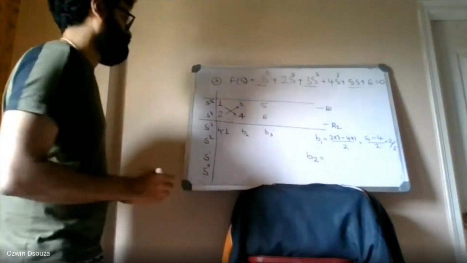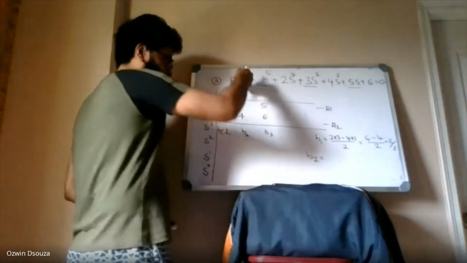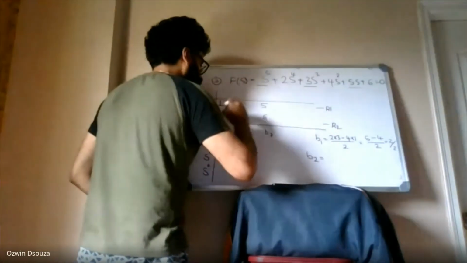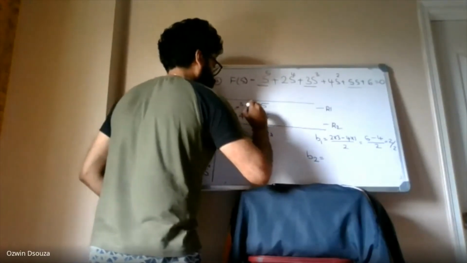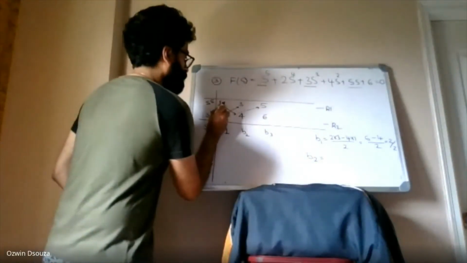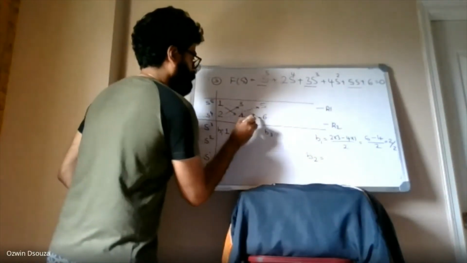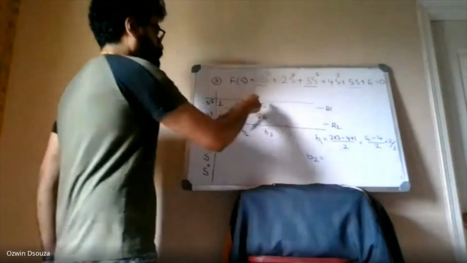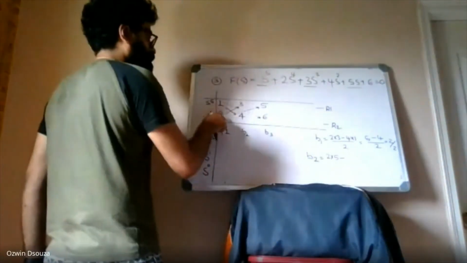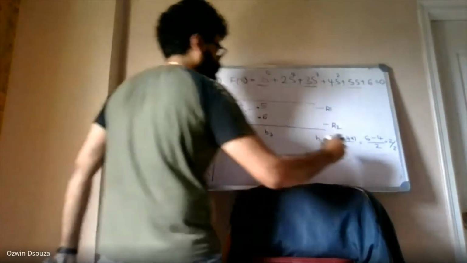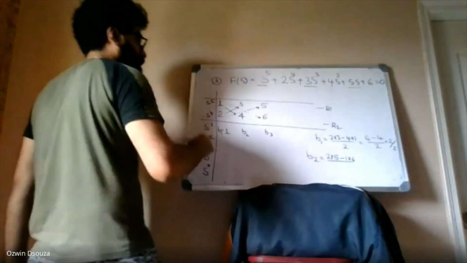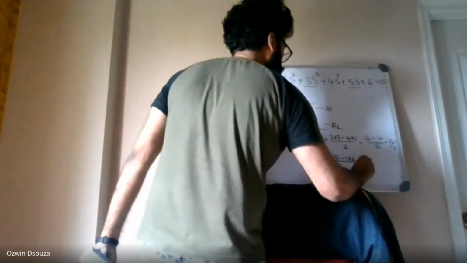So how will you find B2? You leave off the first column and then you start multiplying with the same logic. This time I'm going to use a dotted line so as to identify the coefficients of multiplication. So it is 2 into 5 minus 1 into 6, divided by 2.